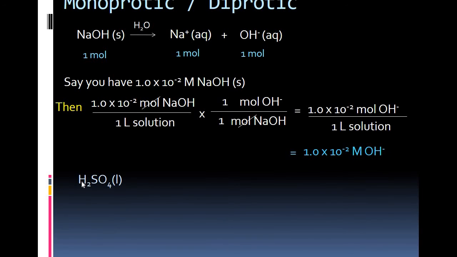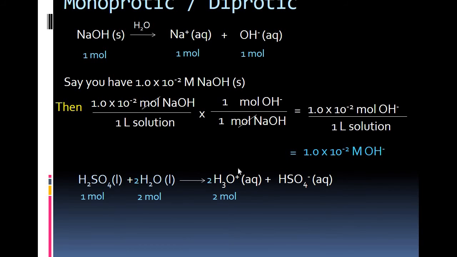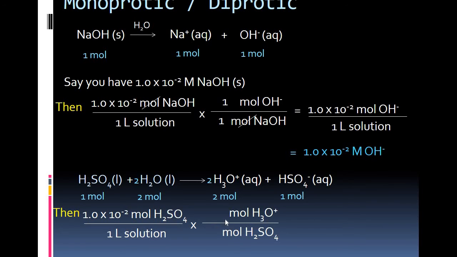Now here's a diprotic acid, H2SO4. You can see what happens here. For every 1 mole of this, you're actually going to get 2 moles of hydronium, if you look at the coefficients. Since that happens, let's go through the math. 2 moles of hydronium for every 1 mole of sulfuric acid. That will give you twice the moles of sulfuric acid.